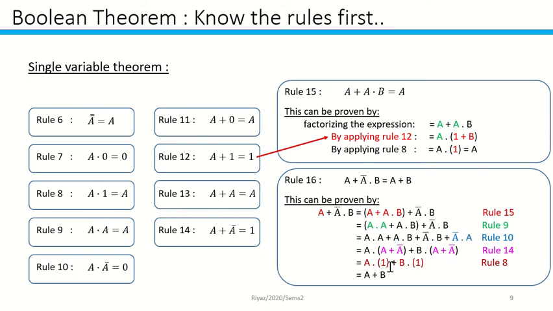Then by applying rule number 14, you're going to have this equation. Lastly, applying rule number 8, whatever times 1 you will get itself, and B times 1 will become B, and that's why you have A plus B.